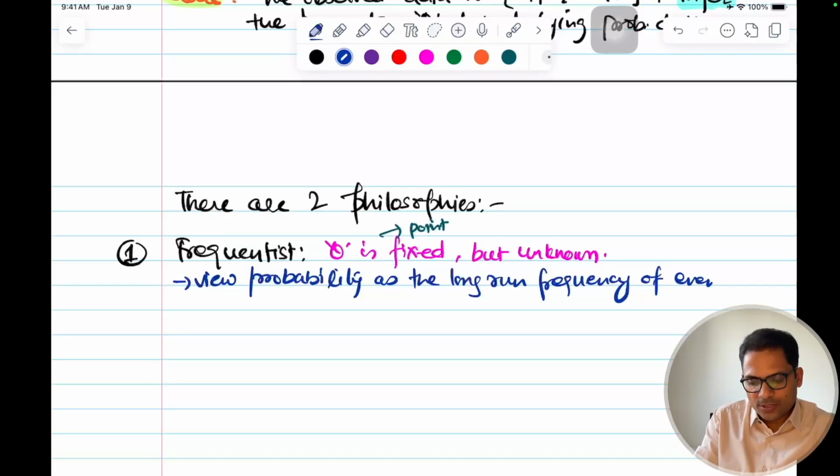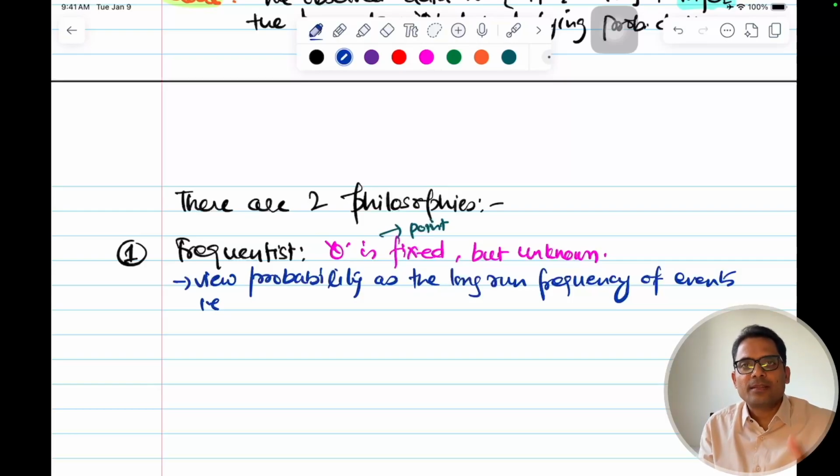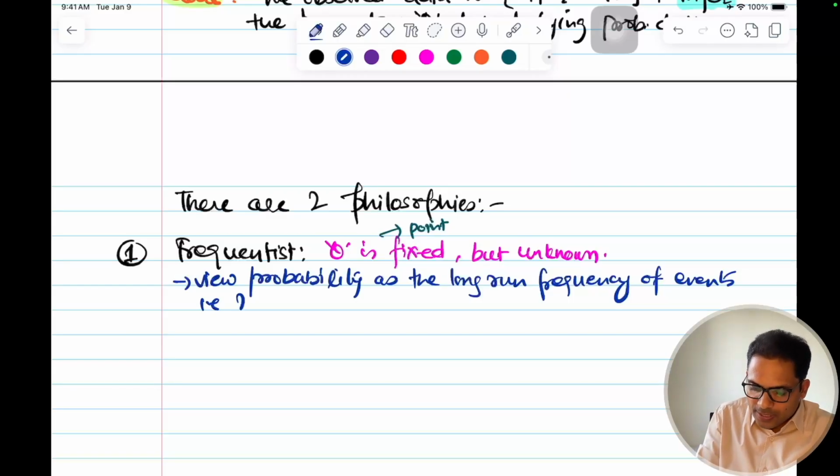Repeated trials means tossing a coin multiple times and seeing how many times heads comes, and from that we figure out whether it is a fair coin, and what the probability of seeing heads is. That is the parameter theta. The number of successes gives the parameter theta. It can be 0.5, 0.6, anything between 0 and 1.